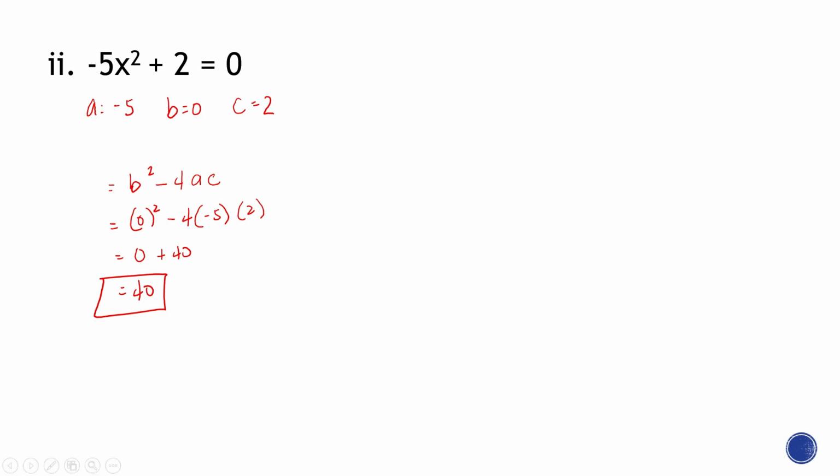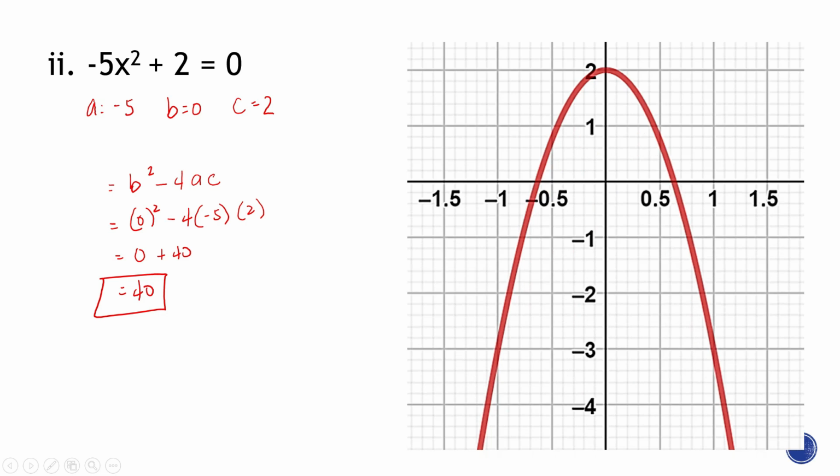So let's see the graphical representation of this one. Okay, so there you go. The roots are here, all right? And we all know it's irrational because it's going to be a decimal, right? But how will we know if it's irrational? Because if you try to find the square root of 40, it will give you an approximate decimal equivalent of the square root of 40.